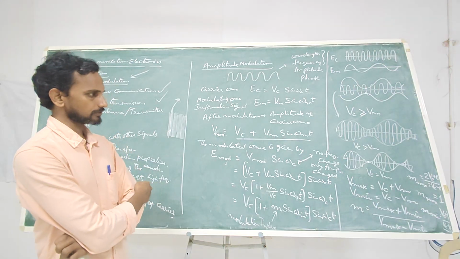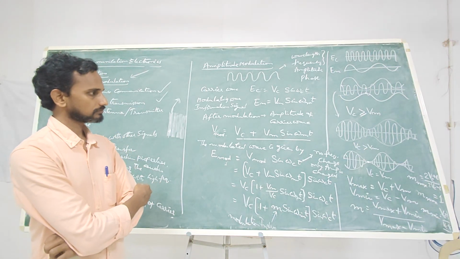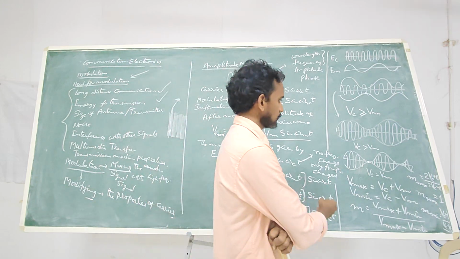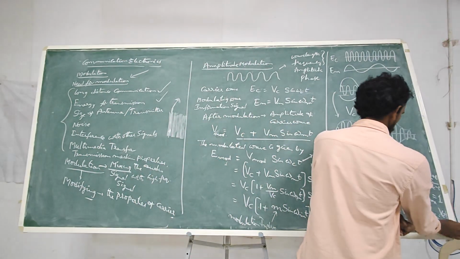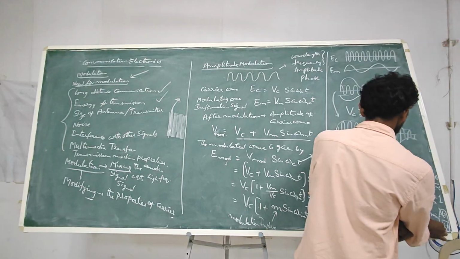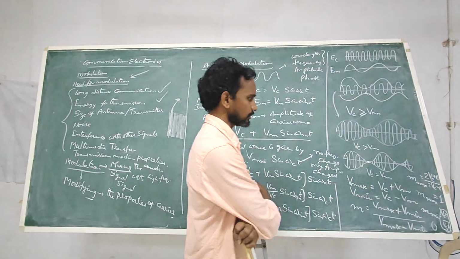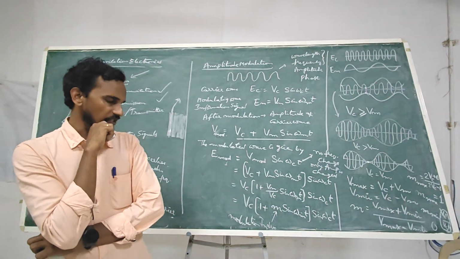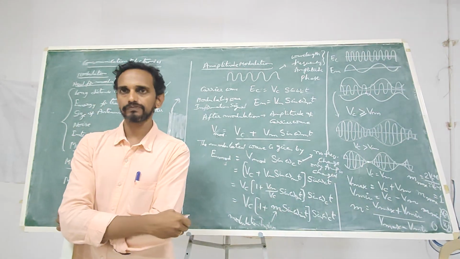The minimum possible modulation is 0. That we have to see. So the maximum possible value for M is 1 and minimum is 0.